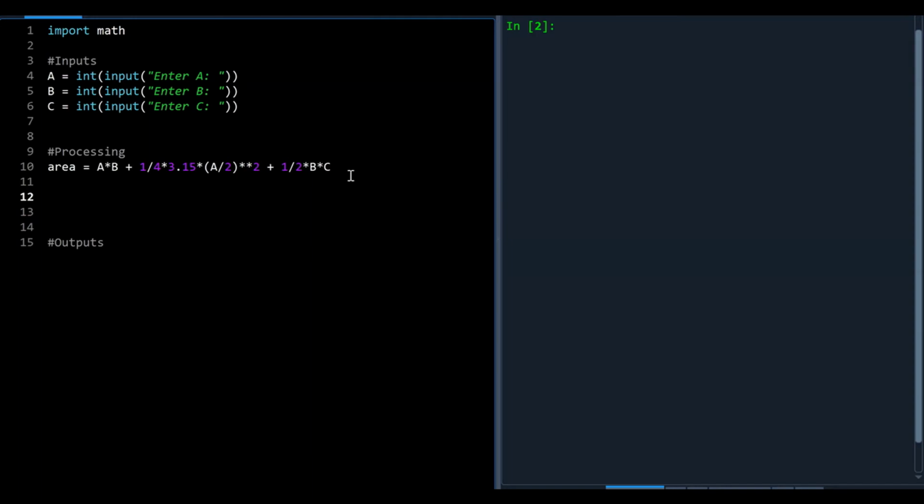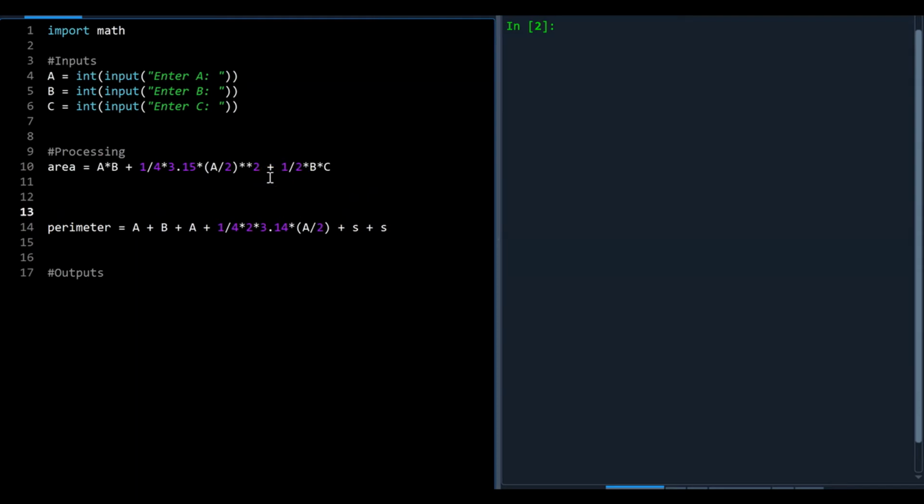Now, for the perimeter, this was more complicated. So we had A plus B plus A plus a quarter times 2 pi r. Okay, so that takes us up to the end of the circle. Plus there were the two sides for the triangle.